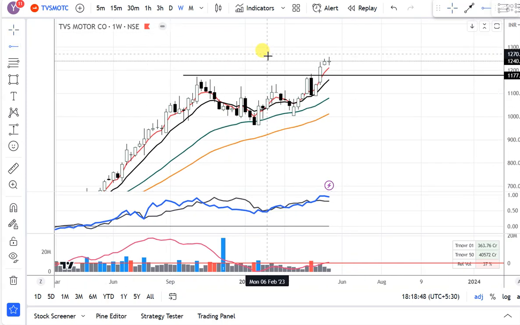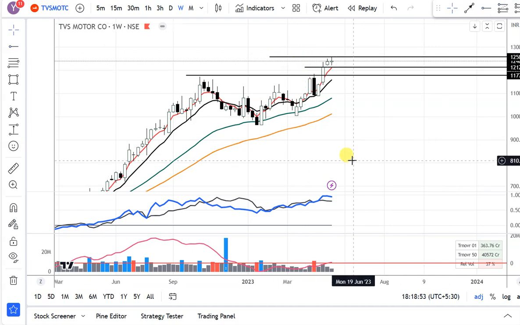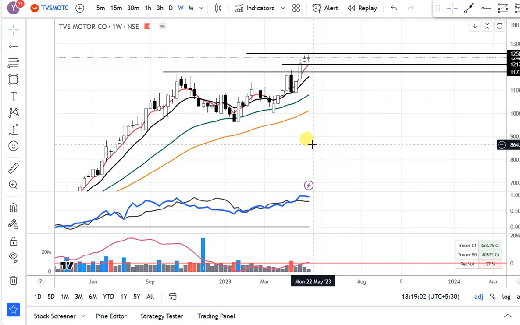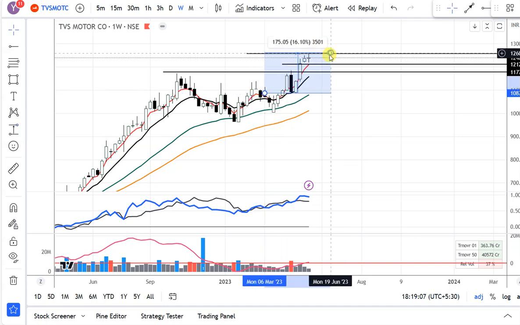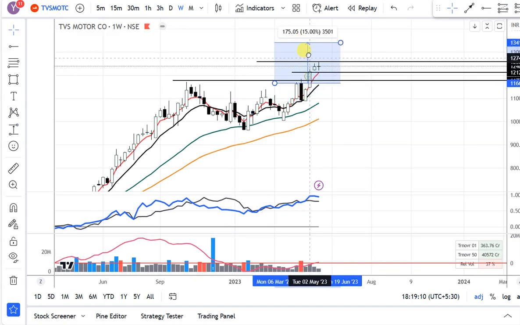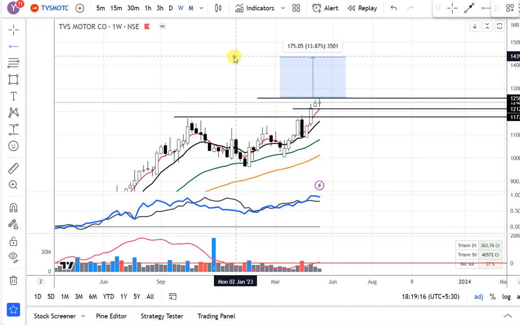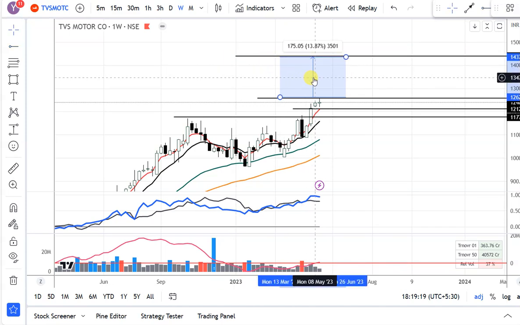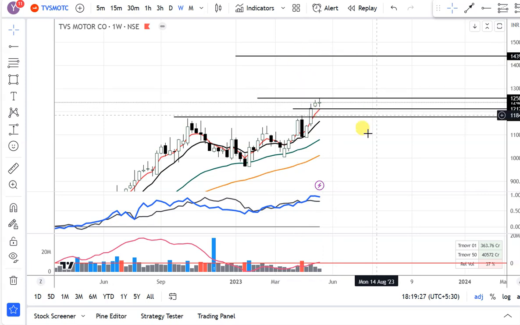And the possible rally that it can give us is 1440 rupees. Okay, so 1260 is the area where the strength may come, and the weakness area is 1210. Let's make it 1210. So 1260 is the strength, 1210 is the weakness area, and the possible rally that may happen is near 1440 rupees.